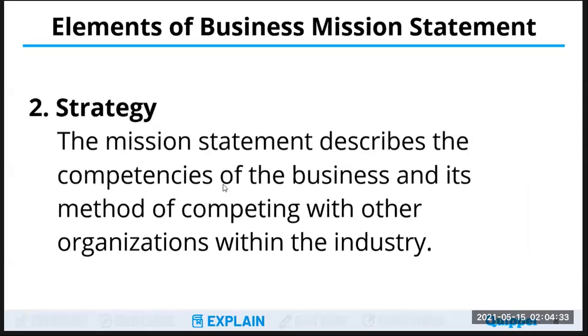Strategy, the mission statement describes the competencies of the business and its method of competing with the other organizations within the industry. So again, like yung sinabi ko dati, i-state nyo kung ano ba yung uniqueness nyo, no? Kung ano ba yung pinagkaiba nyo from the other business or other industry. Ano meron kayo na wala sila?